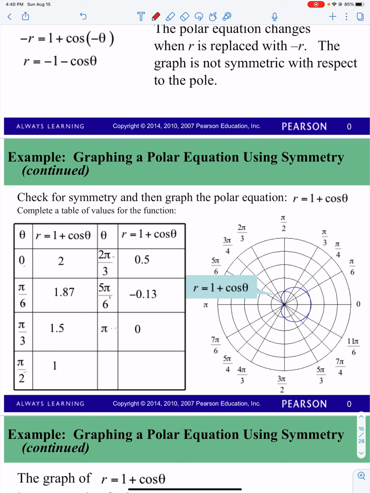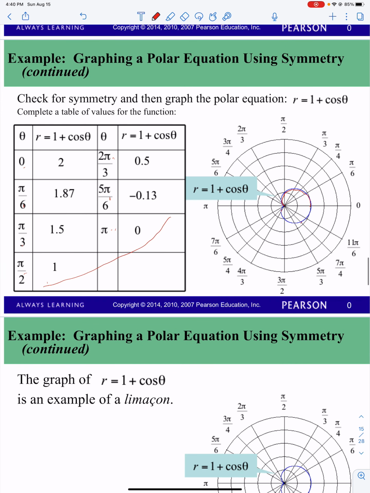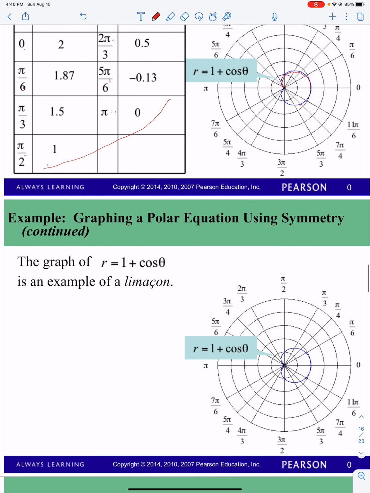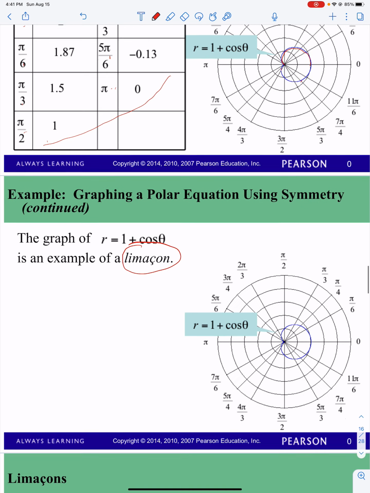Because you have symmetry over the polar axis, so you only need to draw the top, then use symmetry to find the bottom. This is why they only choose the special values there. Later on you will know that this is called a limacon. So this is a limacon.